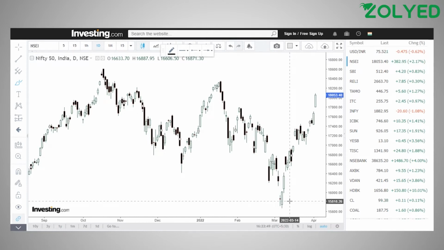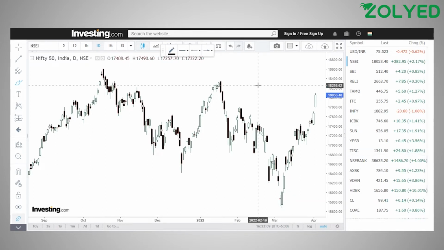Today we will understand the meaning and the impact of Doji candles, meaning the neutral candles, why the neutral candles are important during trading, and why you should learn this concept. This becomes very important for us.